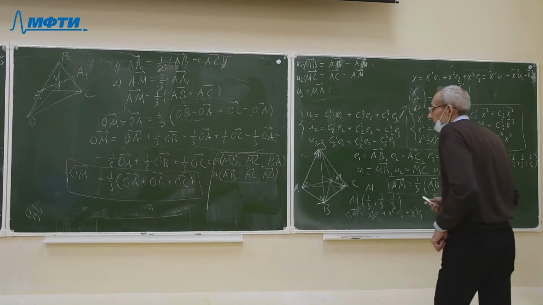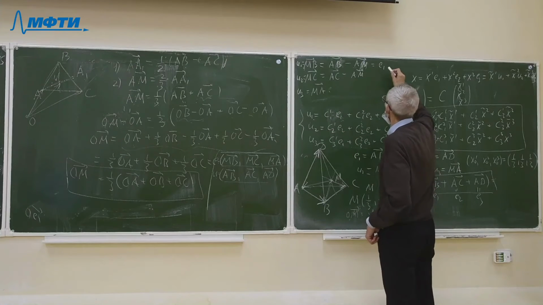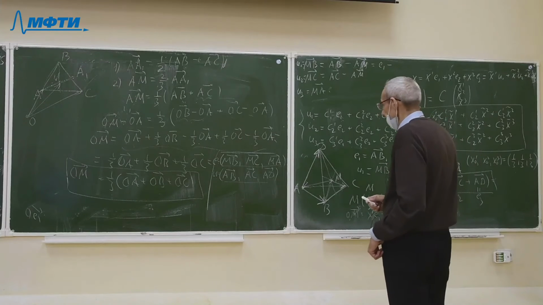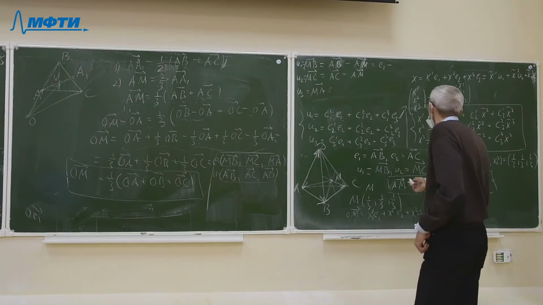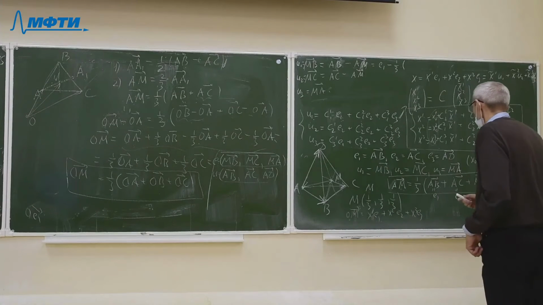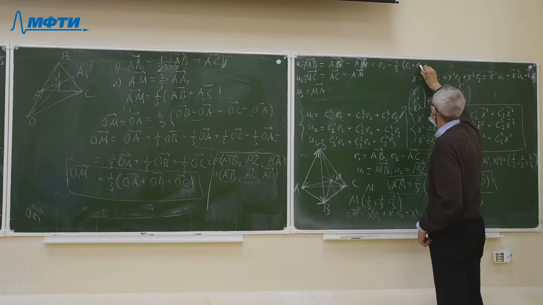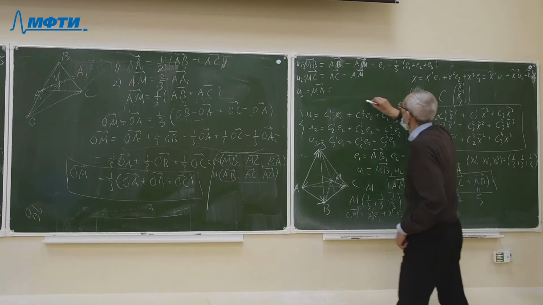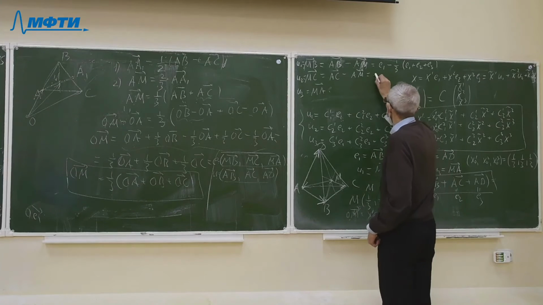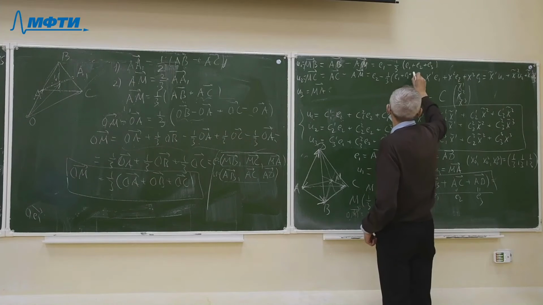AB is equal to E1 minus AM. AM is equal to 1/3 (E1 plus E2 plus E3). AC is E2 minus 1/3 (E1 plus E2 plus E3).